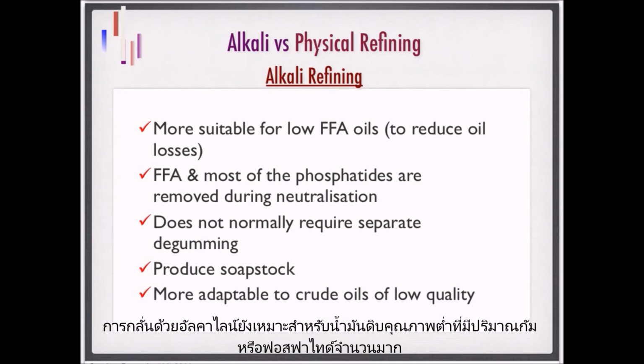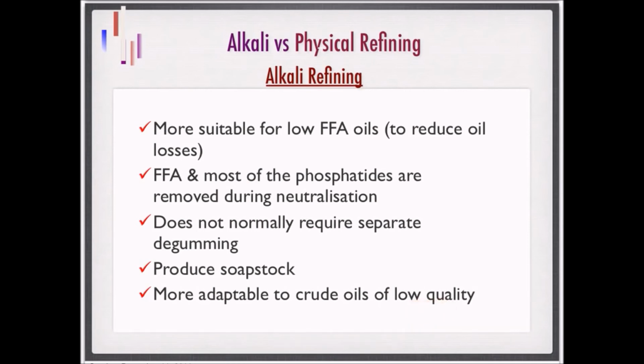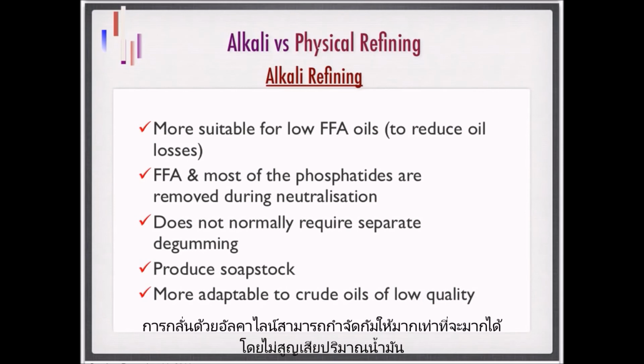Alkali refining is also said to be more adaptable to crude oils of low quality, which means that if the crude oil contains a significant amount of gums or phosphatides, the alkali refining can be adjusted to remove the gums as much as possible without much oil loss.